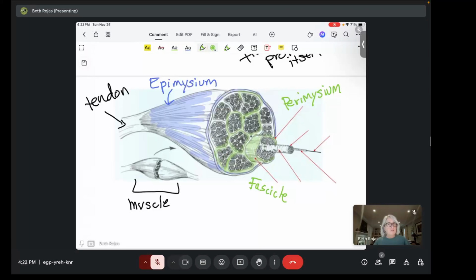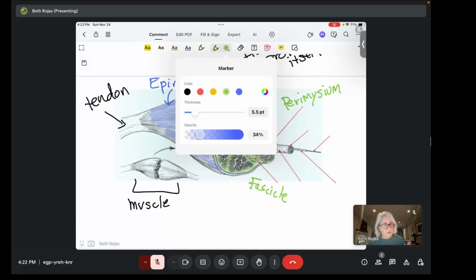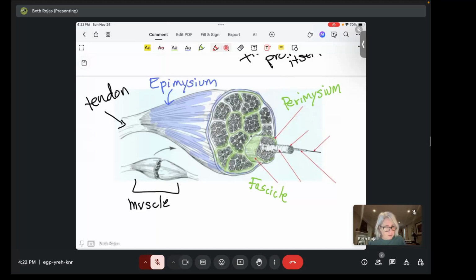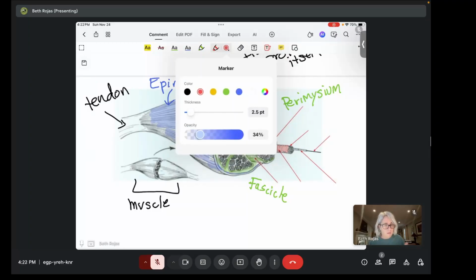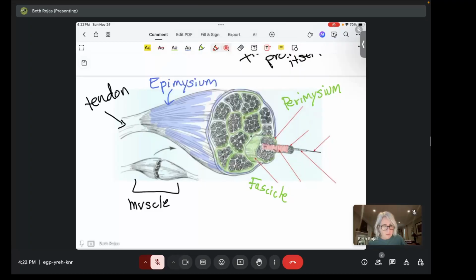So the fascicle has bundles of muscle cells. That's our inner layer, which we're going to do in red. So I'm going to change my color to red here and lightly color this in. It would be like this, like in here would be red, just in between the muscle fibers themselves.